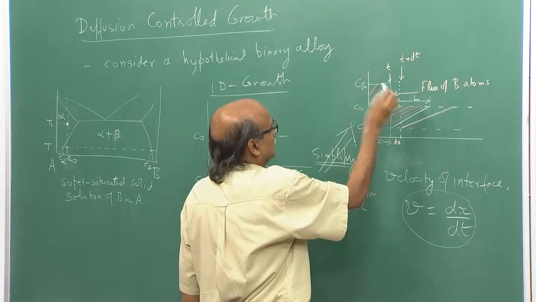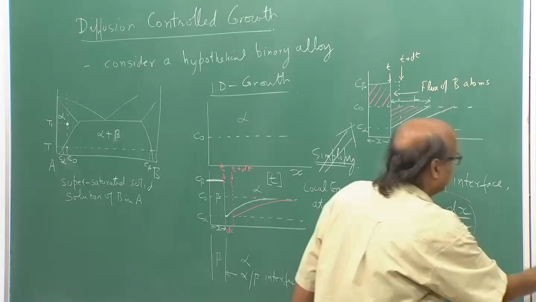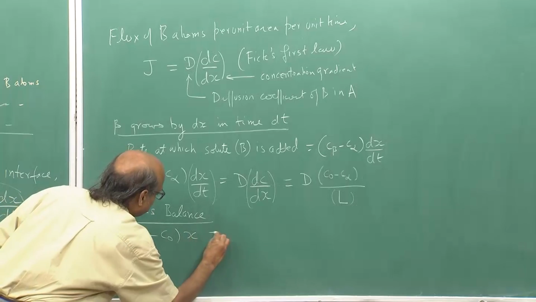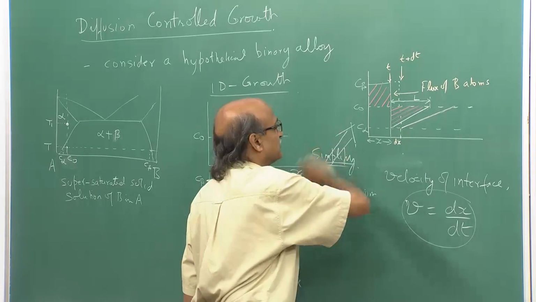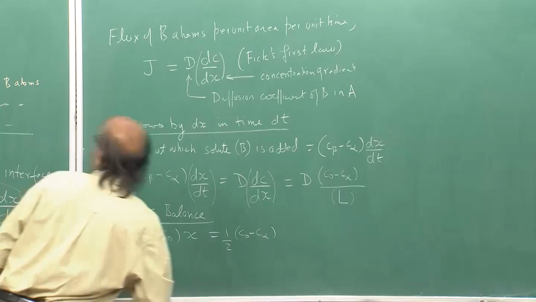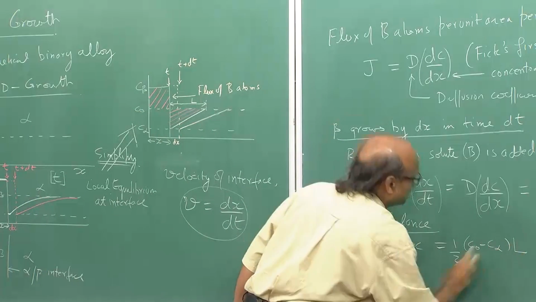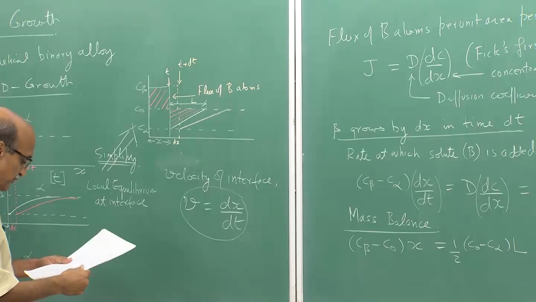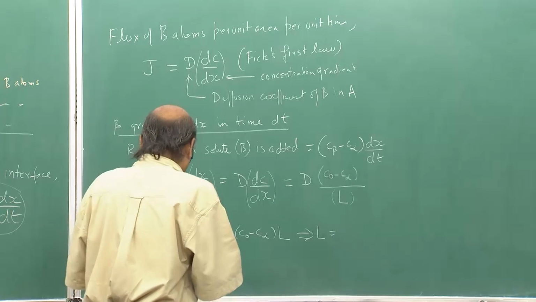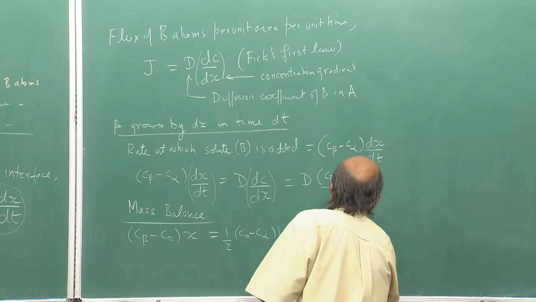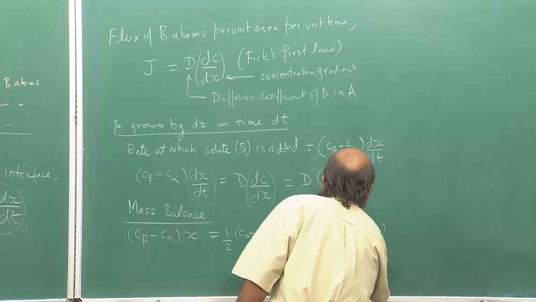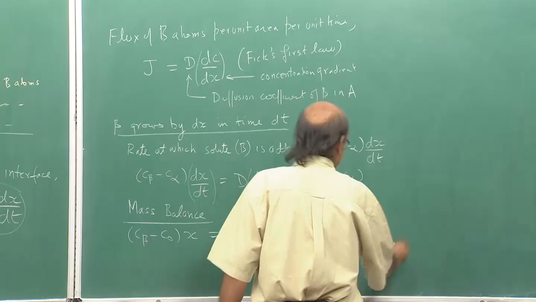So, what is this area? This is simply a rectangle, and this area is C beta minus C naught multiplied by x, and this is equal to the area of this triangle that is there, which is half C naught minus C alpha multiplied by L. So, now I can write down an expression for L, and that is simply, rearranging the terms, 2 times C beta minus C naught divided by C naught minus C alpha multiplied by x.